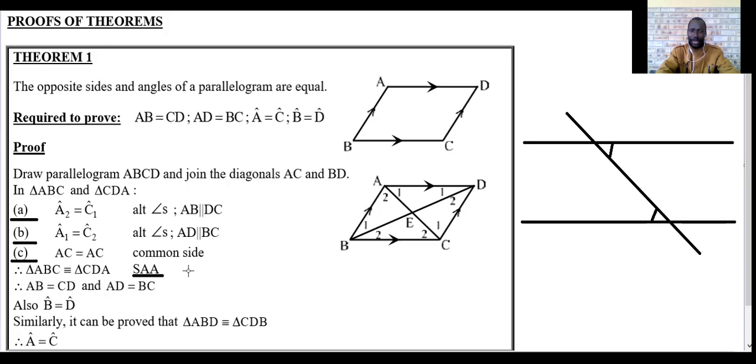Okay? So this means if you have two triangles with one side being the same and two angles being equal to each other, then the two triangles are considered what? Congruent. See that? So yes, that is the next property which we will use.